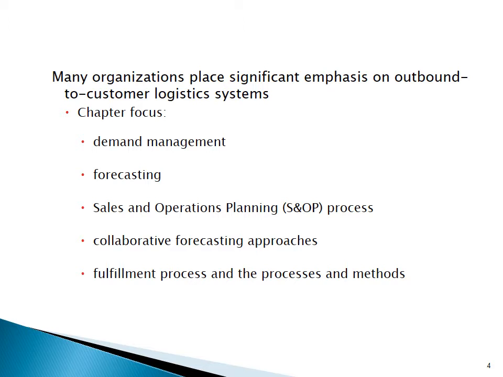So this is basically a 360-degree view of the customer's demand. And finally, the fulfillment process and the processes and methods. What are the ways the customer's demands are fulfilled? So these are some of the major focus areas for this chapter.